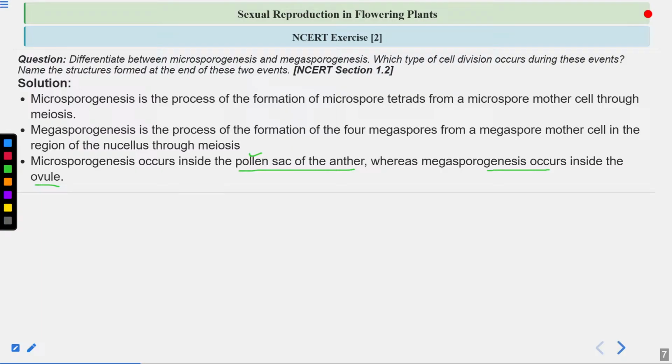And where in the ovule? You must know. Inside the nucellus. One of the nucellus cells gets transformed into the megaspore mother cell, and that undergoes reduction division or meiosis and forms the 4 megaspores.